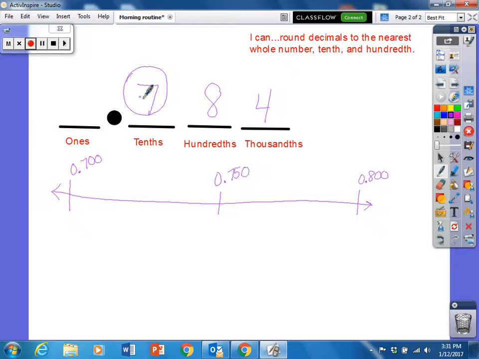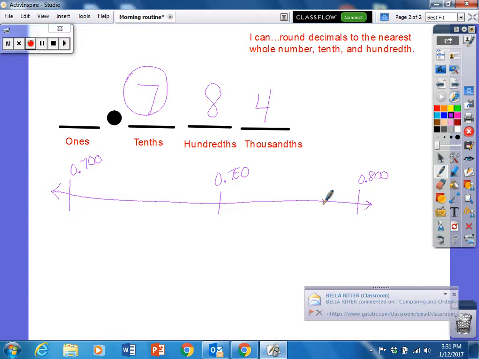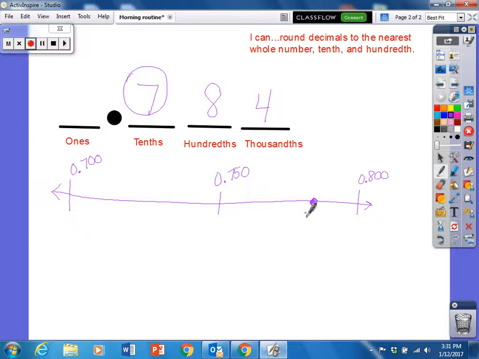So now I'm going to look at my whole number here, and it's 784 thousandths. So where on my number line would 784 thousandths go? Between 700 and 750, or between 750 and 800? That's right, it would go between 750 and 800. It would go about right here. So I'll put 0 and 784 thousandths right here.